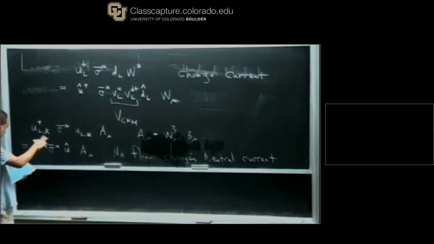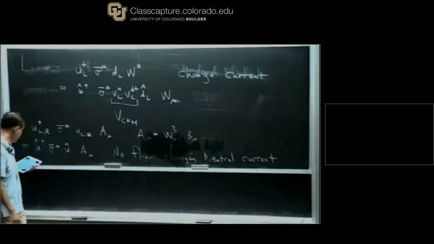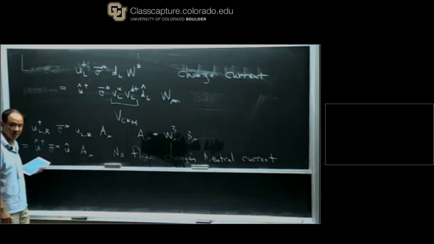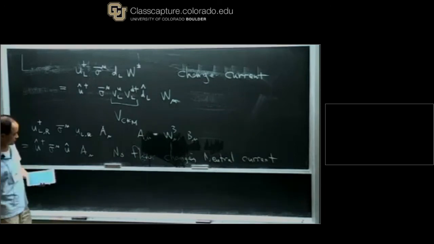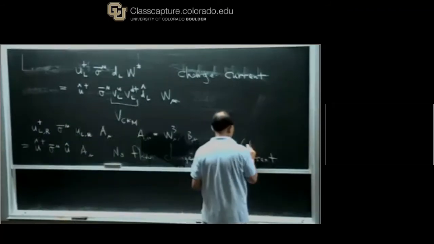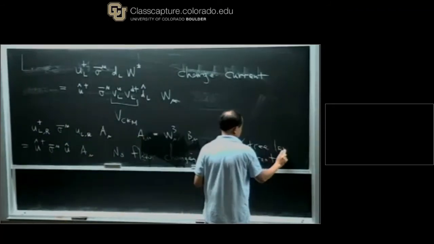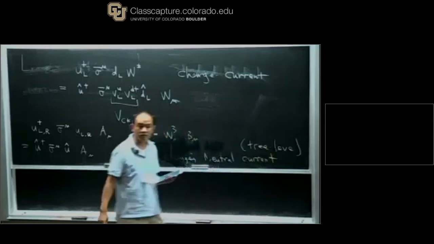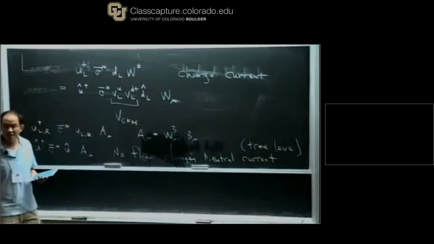If this can switch flavor, it's called a flavor changing neutral current. But there is no flavor changing neutral current in the standard model at the tree level. Okay, I have only proved it at tree level.